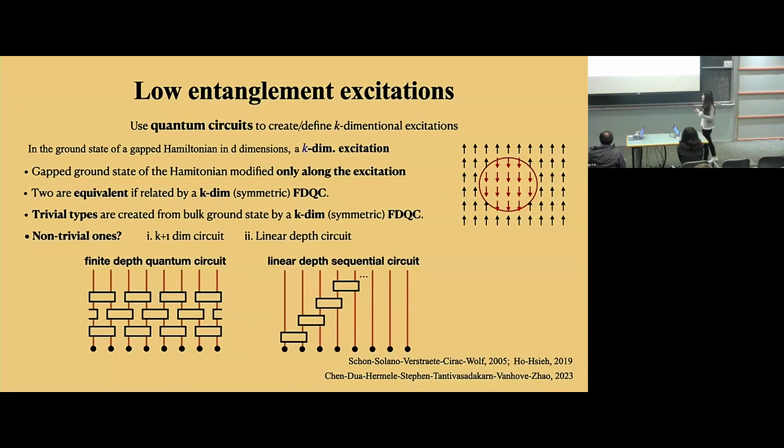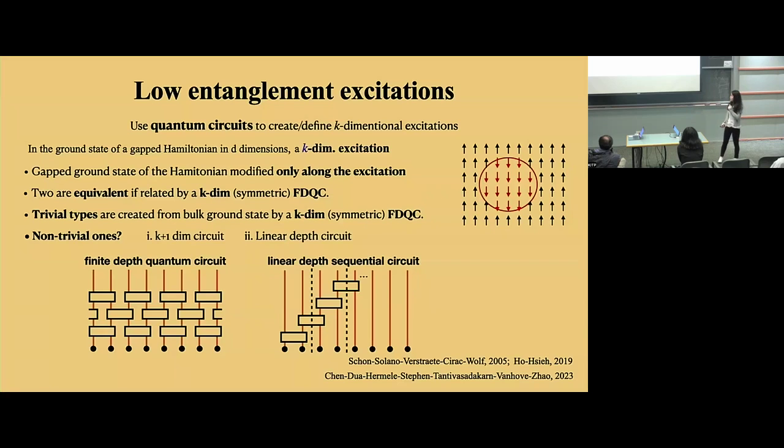And the second way to get around it is you still have a k-dimensional circuit, but it's no longer finite depth. You allow yourself to use a linear depth circuit. However, linear depth circuit usually is too powerful. It can almost create any state. Then a nice linear depth circuit is this so-called sequential circuit. So in each step, you only apply a local circuit and you apply it in a sequential way.